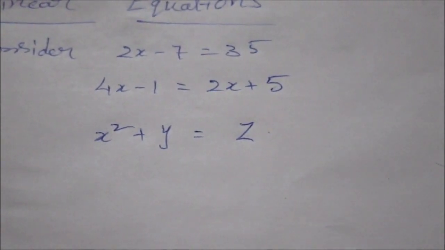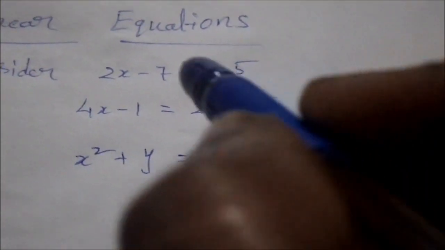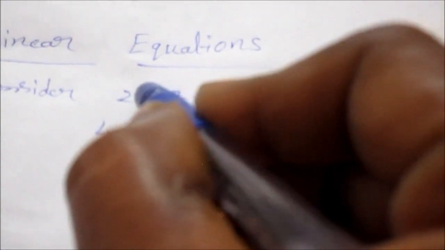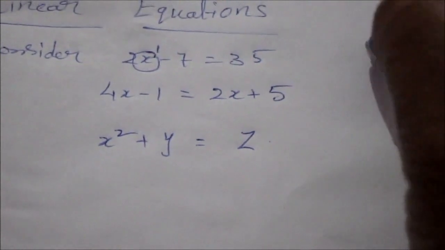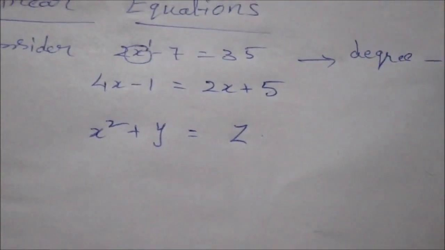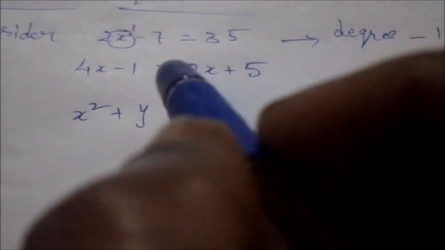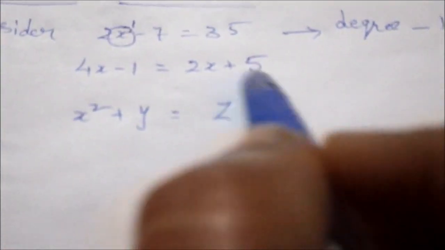To find the degree of an equation, we have to check the exponent value of the variable. Here x is the variable. What is the exponent value of x? Here the exponent value of x is 1, x power 1. So the degree of this equation is 1. Then here 4x minus 1 equal to 2x plus 5.